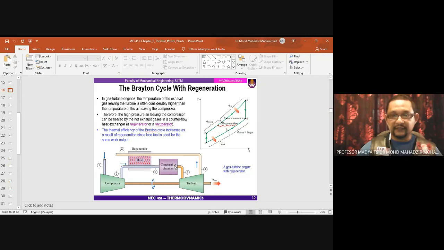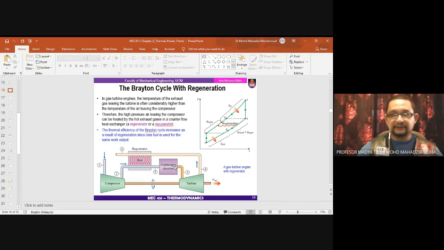But if we heat the air, then the fuel in the combustion chamber will be less, because enough energy comes from the compressor mixture with the fuels here, and it will combust in the combustion chamber.